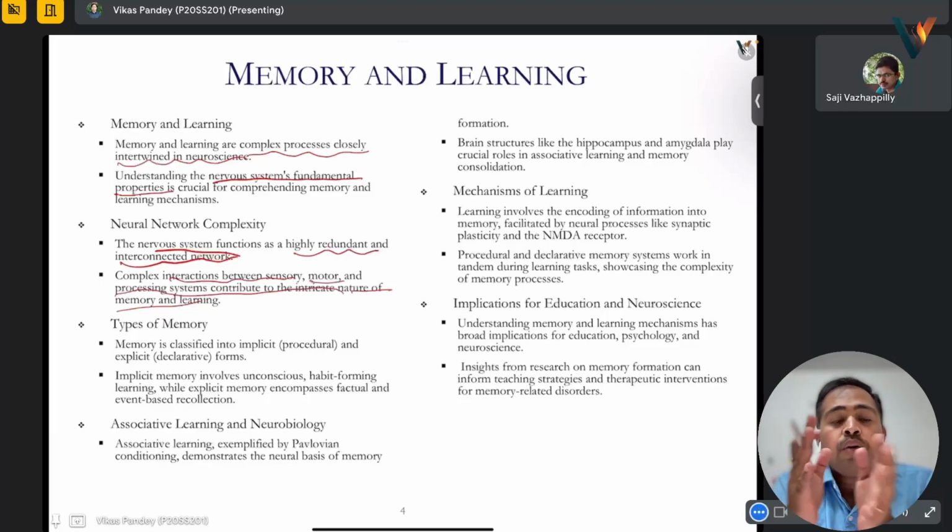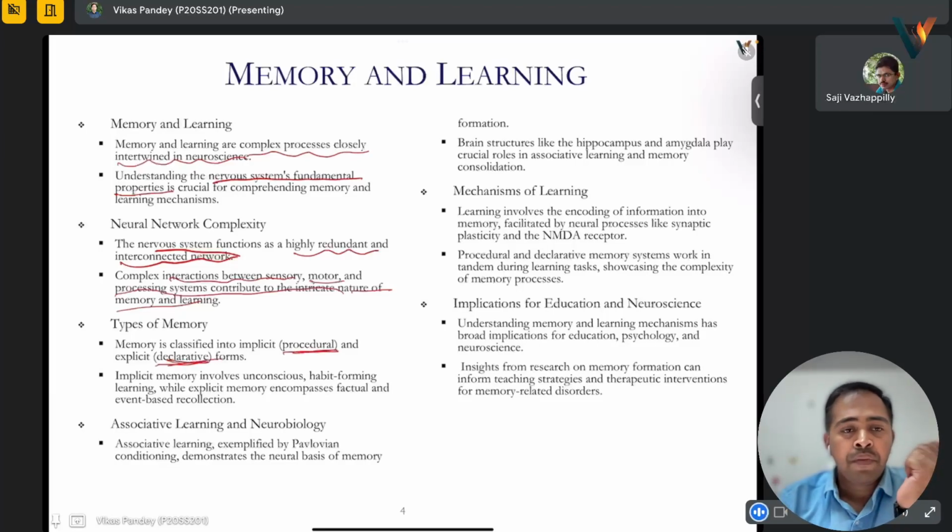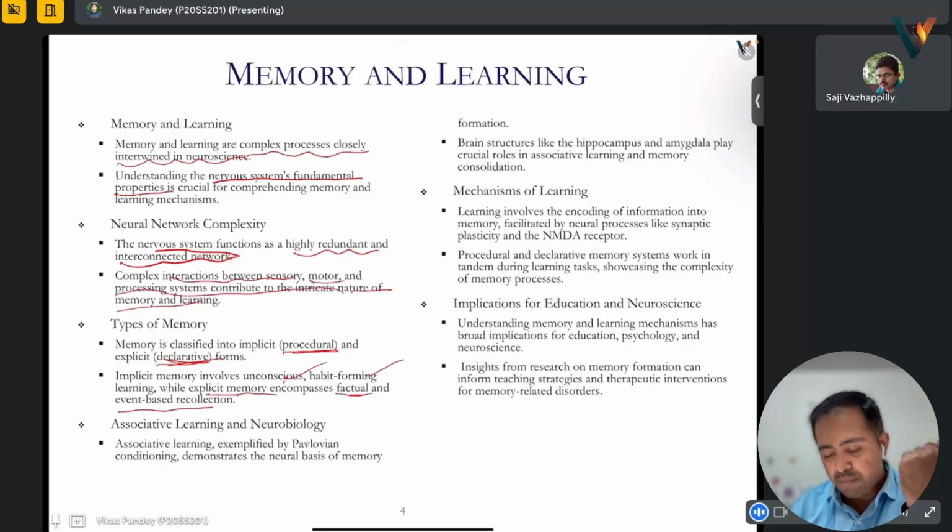Now, next is the types of memory. Memory is classified into implicit and explicit. Implicit means procedural, and explicit means declarative. Implicit memory involves unconscious, habit-forming learning, while explicit memory is factual and event-based recollection.